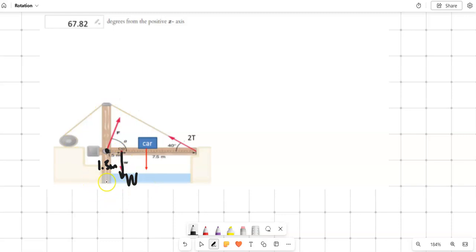And that's going to result in a negative torque right here. They say also there's a car's weight down. So you've got the weight of a car down.